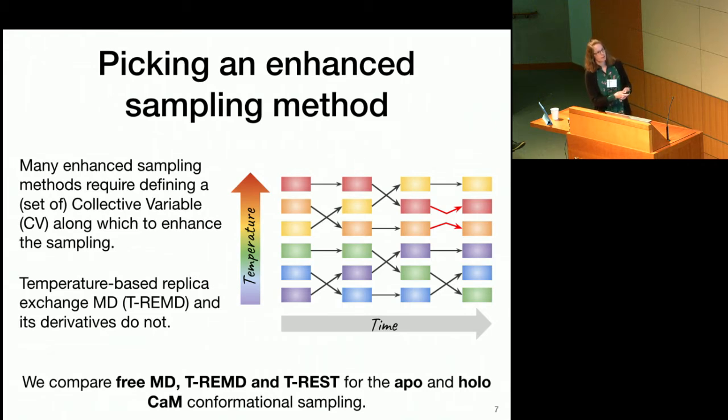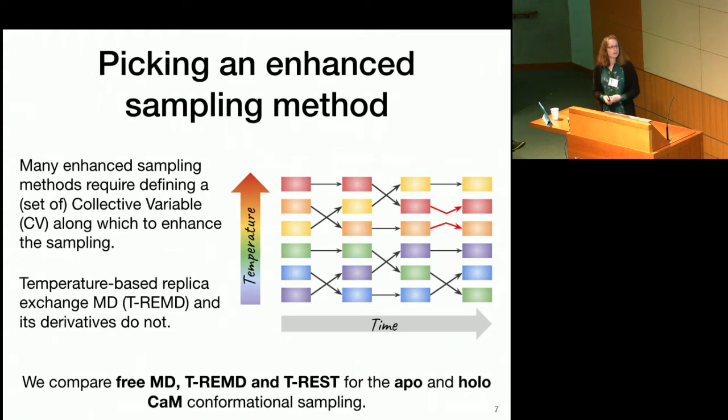And this allows you to propagate what is going on at higher temperatures back to the lower temperature. So basically you're taking advantage of the temperature fluctuations to collect statistics at the low temperature. And this enables you to overcome free energy barriers.